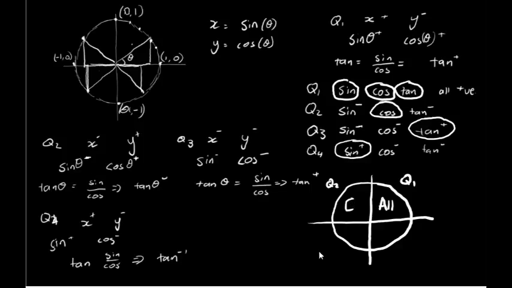For Q3, only tan was positive, and for Q4, only cos was positive. And so now we can look at all these values in here. So we've got A, S, T, C, and you can remember it any other way that you want. So CAST gives the abbreviation CAST: cos, all, sine, tan.